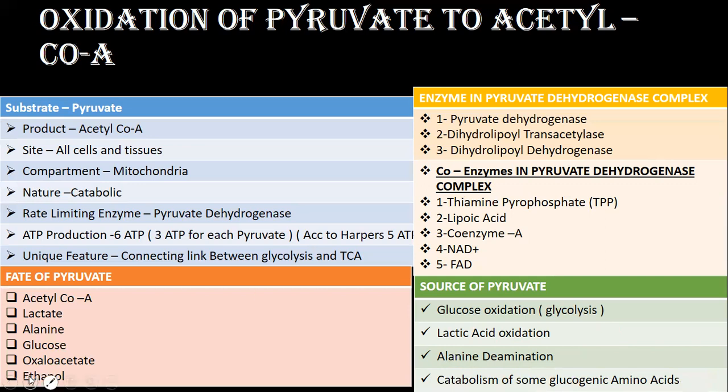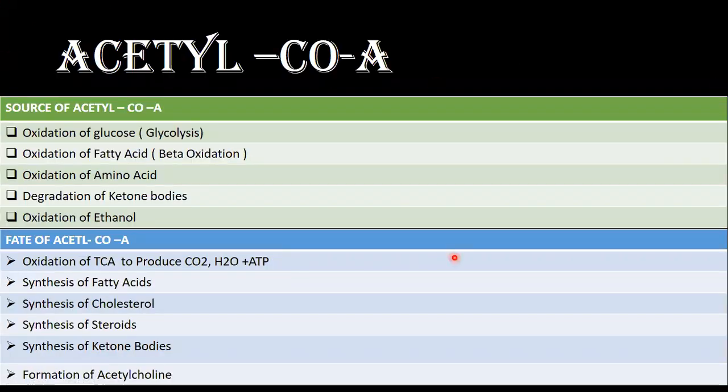Another part we need to discuss is acetyl-CoA. Acetyl-CoA is a 2-carbon compound produced when coenzyme A reacts with acetic acid. The point you need to remember is that the active form of fatty acid is acetyl-CoA.